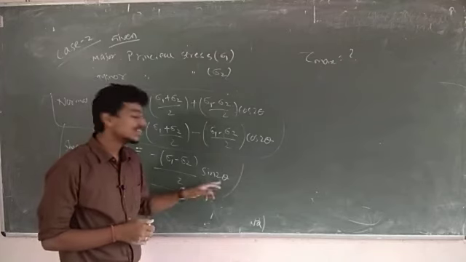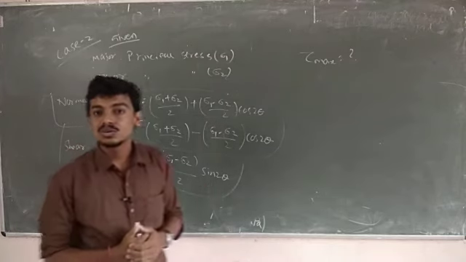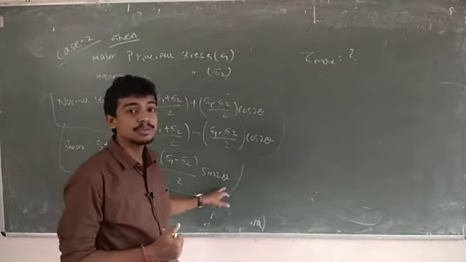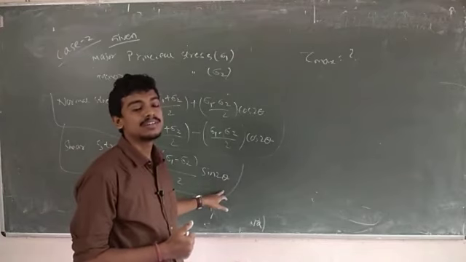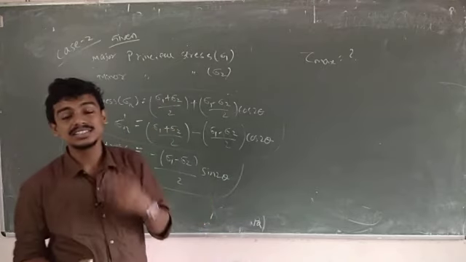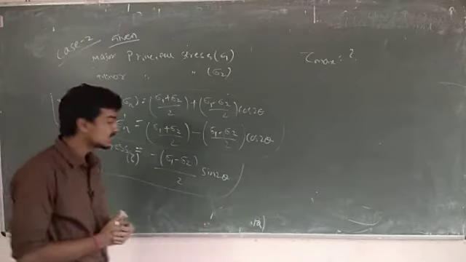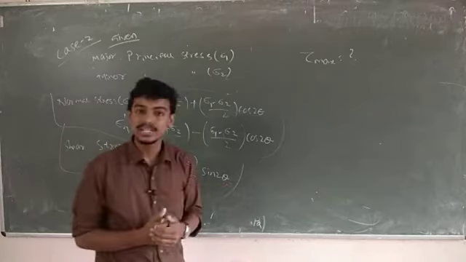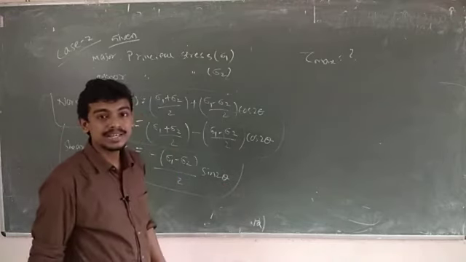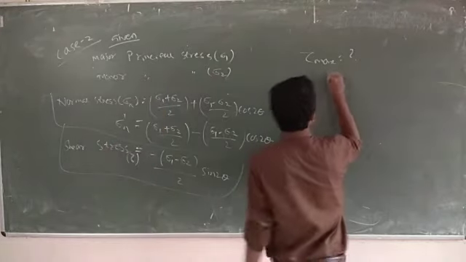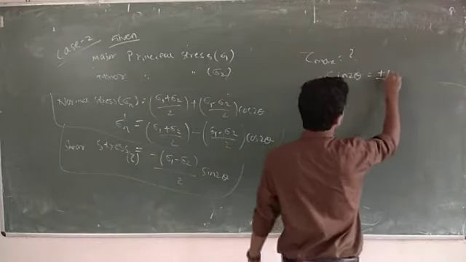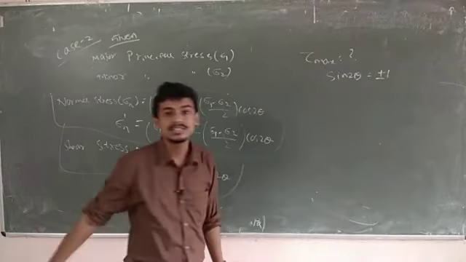Generally sin 90 is 1, sin 0 is 0. So theta should be 45 degrees, so that sin 90 will be 1, and sin 270 is also 1, so theta can also be 135 degrees. So to get tau maximum, sin 2 theta should be plus or minus 1.